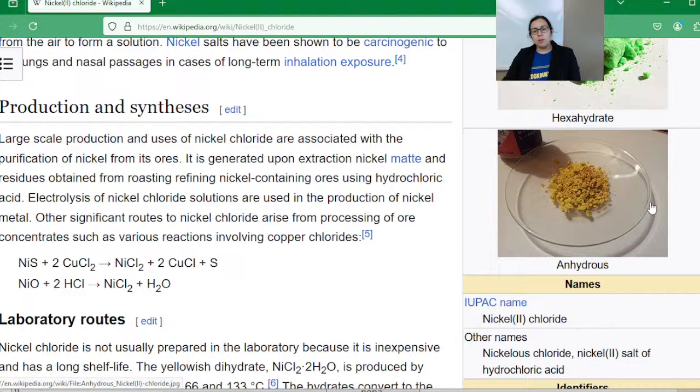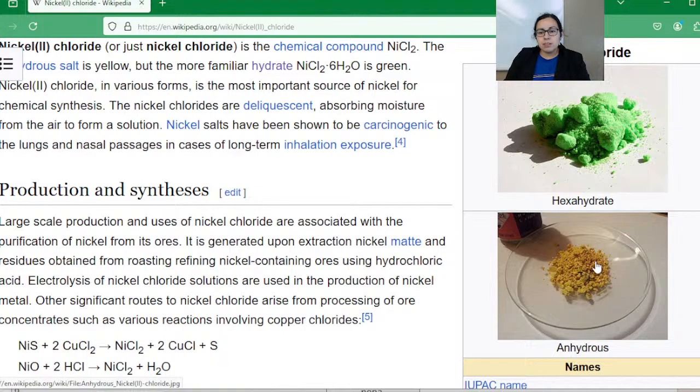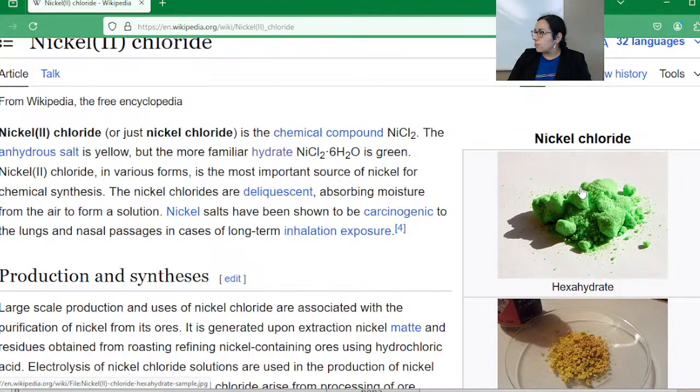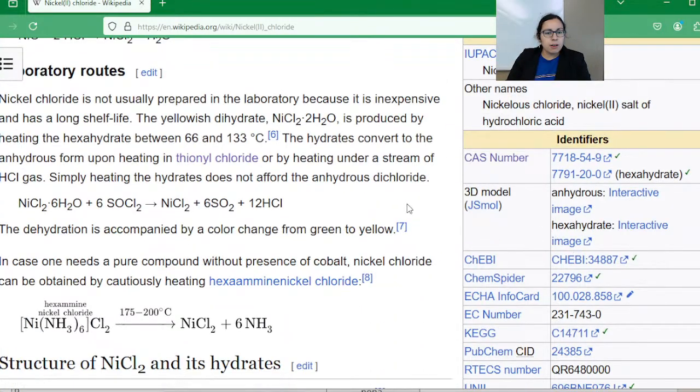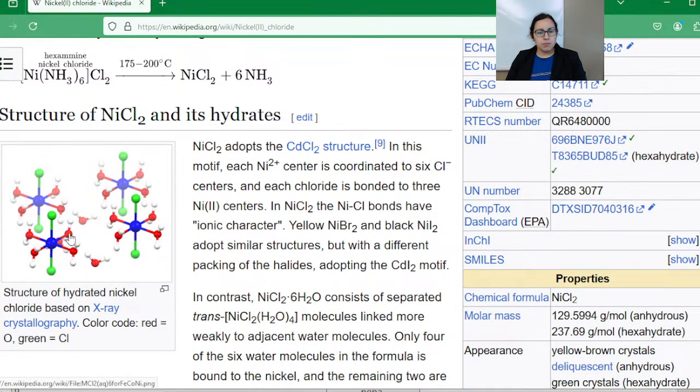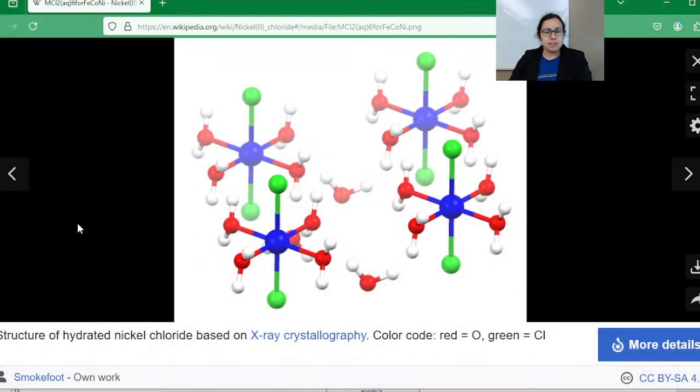Anhydrous means no water, so it's this nice yellow powder. There are purification methods to convert the nickel chloride, which is complexed to water. What we want to emphasize is how to write the formula, but I'm also trying to show you that it is complex.